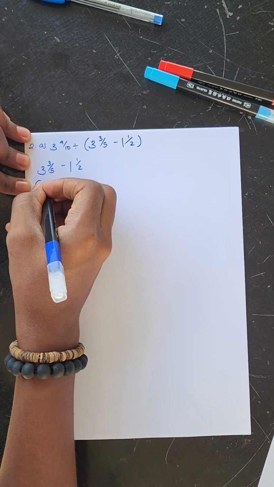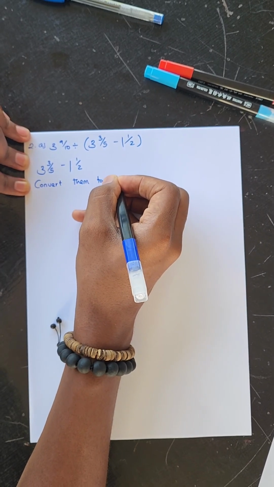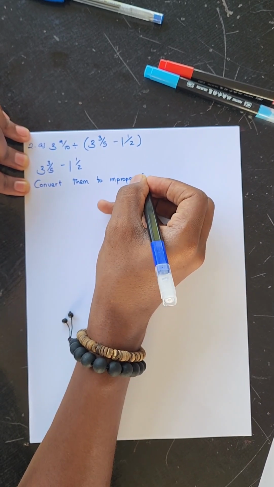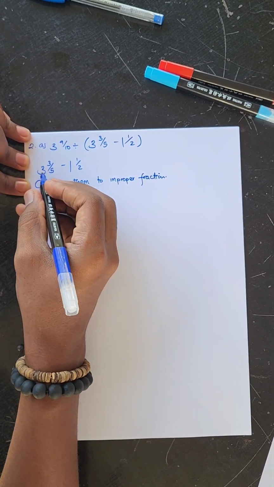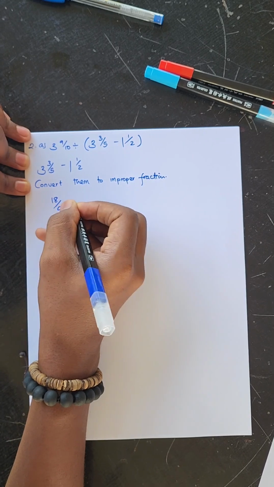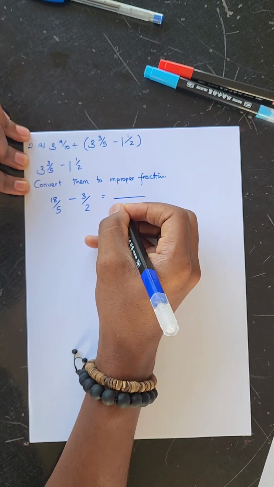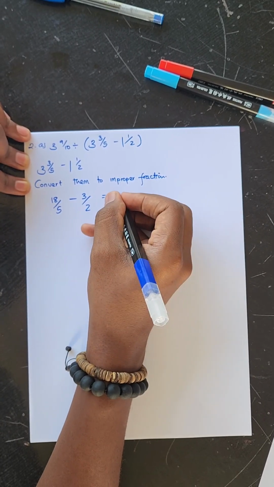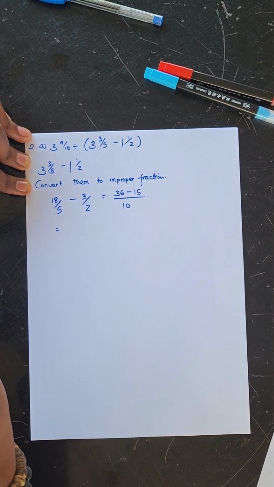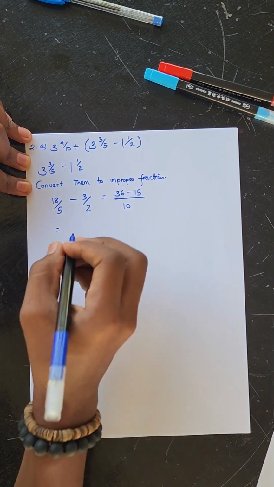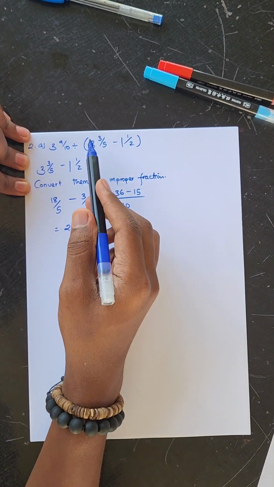We need to convert them to improper fractions for us to be able to compute. So this becomes 18/5 minus 3/2. This gives us 36 minus 15 over 10, which is 21 out of 10. So 21 out of 10 is the solution for what's inside the bracket.